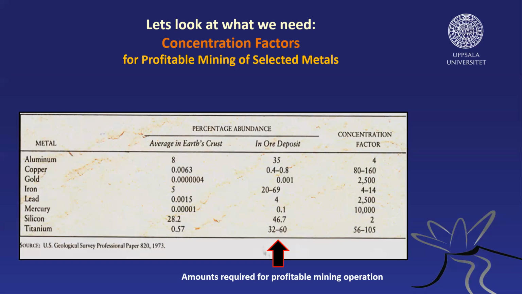But if we want to have a deposit that is economically interesting, we need between 32 to 60% of titanium in the deposit. So that's a concentration factor ranging from 56 to 105.